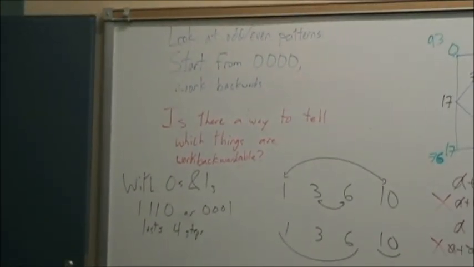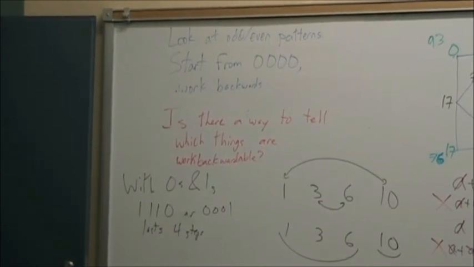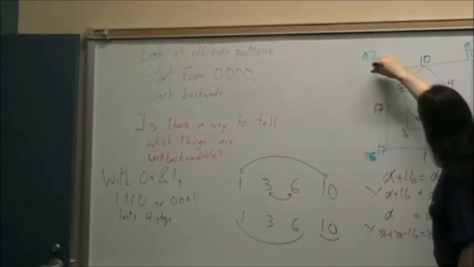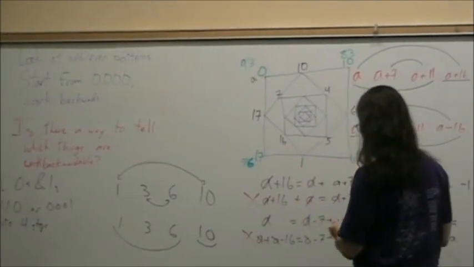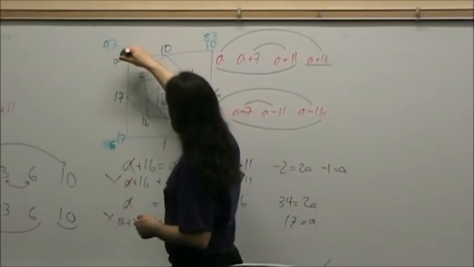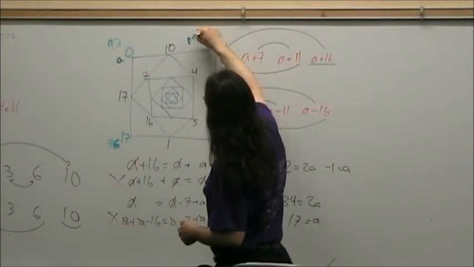So again, we're going to get these same equations, right? Just like we had 16, well, let's look at what we get here. Where are we going to label our A? Maybe here? Maybe I should go with green so that it matches. A. This could be A plus or minus 10.